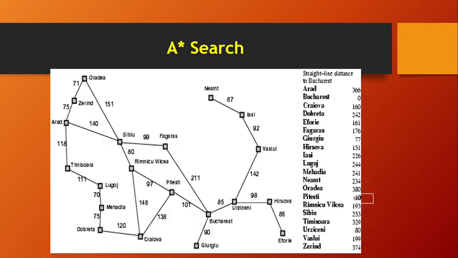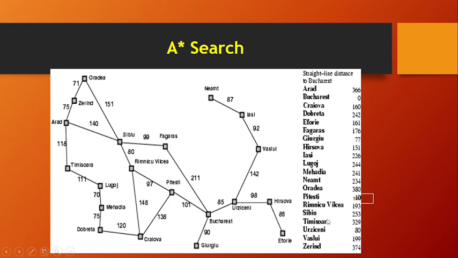Distance from Arad to Sibiu is 140, Sibiu to Rimnicu Vilcea is 80, and Rimnicu Vilcea to Pitesti is 97. So 220 plus 97 is 317. The heuristic value for Pitesti is 100.